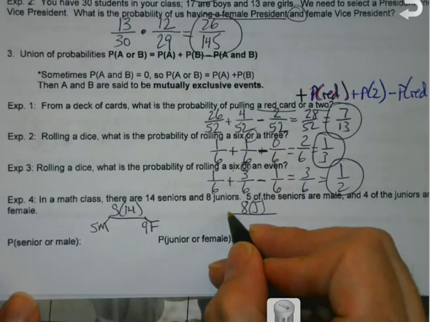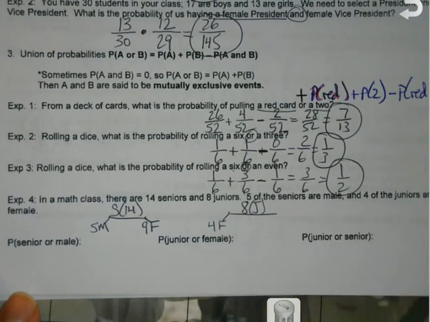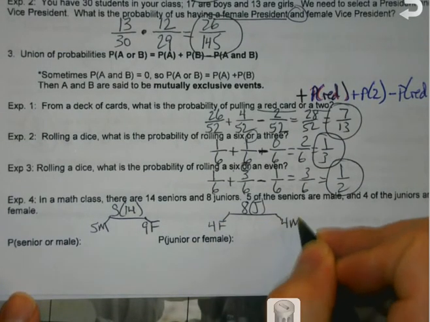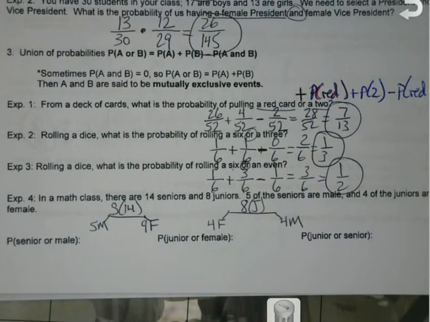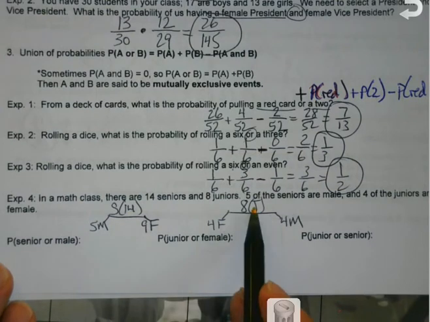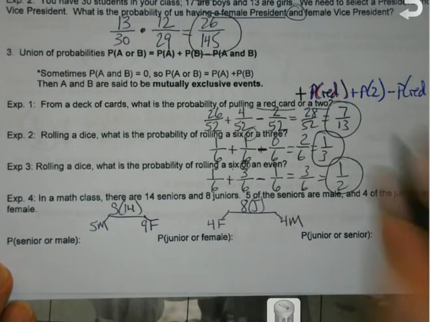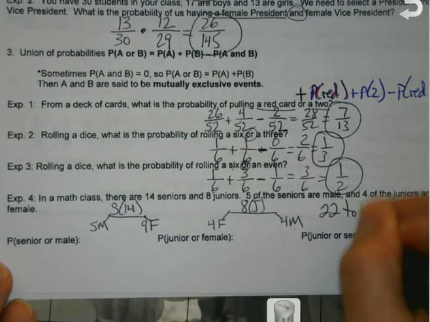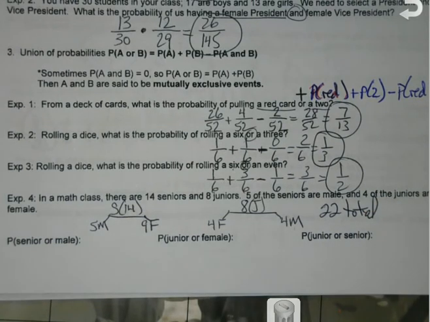And 4 of the juniors are female, which tells me there's also 4 males. So when we're doing probability, not only do we need to know the pieces, we need to know the total. So either by adding 14 and 8, or all of my males and females here, I found out I have 22 total students, so that's going to be my denominator.